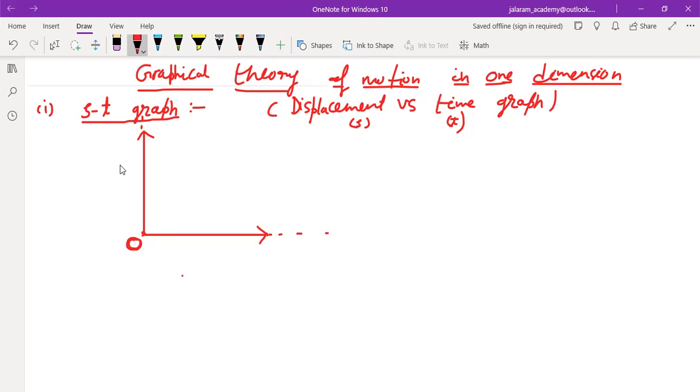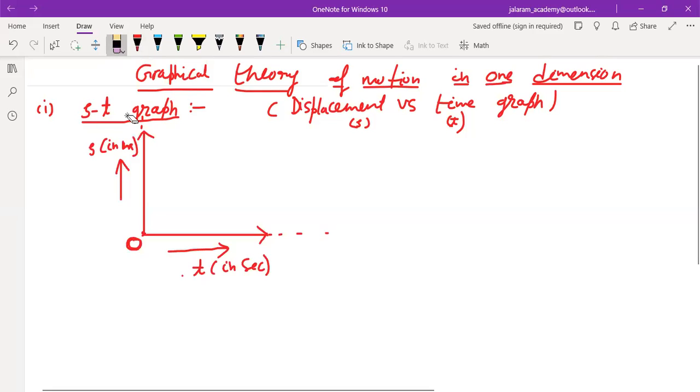S, the term which is written first, is shown along the y-axis. So displacement, whose unit is meter, is shown along the y-axis, and time, which is denoted by T and whose unit is second, is shown along the x-axis.